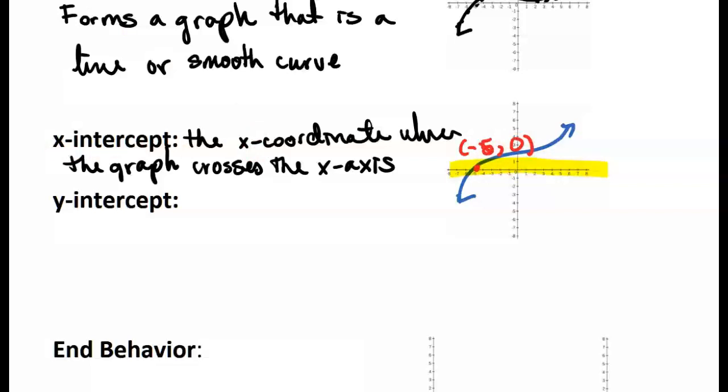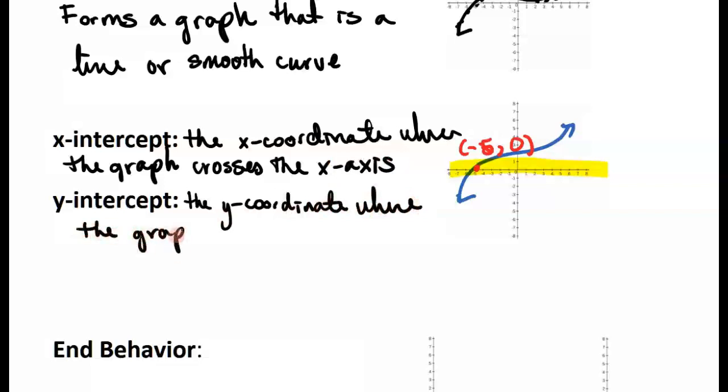Then similarly, we have the y-intercept, which is the y-coordinate where the graph crosses the y-axis.